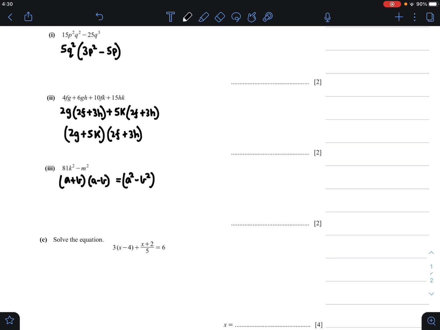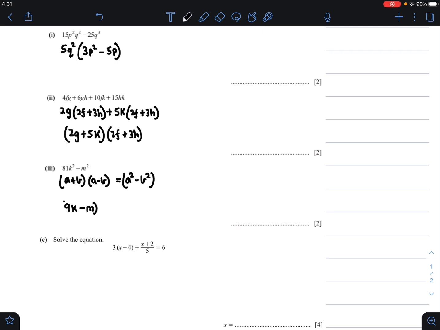So we can rewrite it as a plus b, a minus b by simply taking the root of each term. If we root 81, we'll get 9. If we root k squared, we'll get k. If we root m squared, we'll get m.